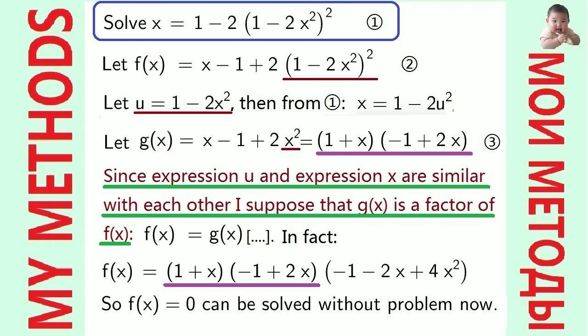Now I let u equal this expression, this part. Then from the original equation we have x + 2 = 1 - 2 squared u. You can see here.